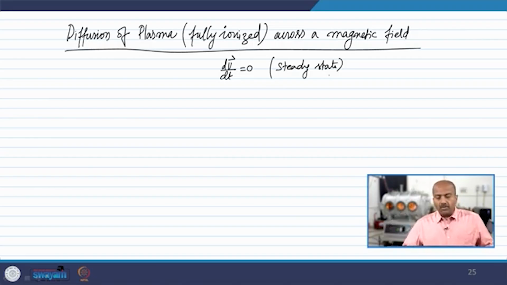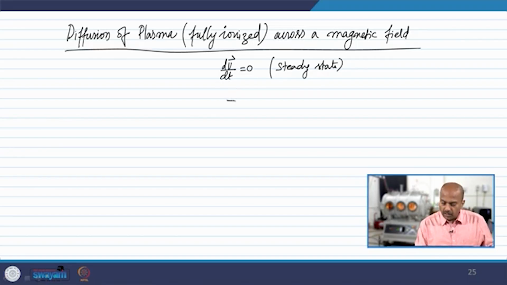Now, if you have considered this plasma, we have to see what forces can exist on it. So, the equation of motion in the presence of magnetic field, and if it is a fluid, there has to be some pressure gradient force. Since you have equated the rate of change of velocity to be 0, all these forces added up will become 0.